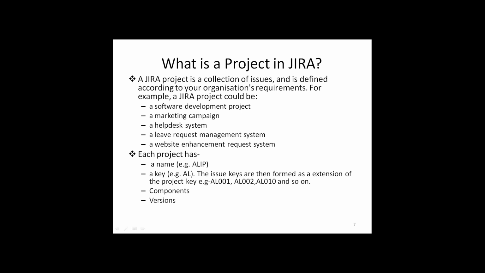In a software development project, JIRA will be used as a project management tool. For a marketing campaign, it can be used as an incident management tool, or also for tracking purposes, like how much is completed, what tasks have to be completed, who all are involved in the project.